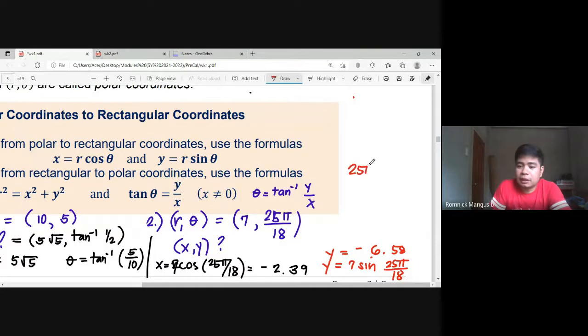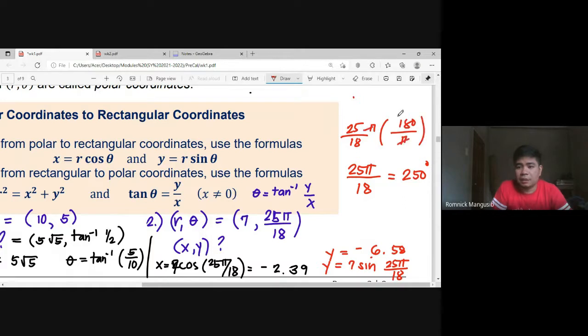It depends on the quadrant where you will find the point with polar coordinates 7 and 25 pi over 18. To realize 25 pi over 18 in degrees, multiply 25 over 18 by 180 over pi.